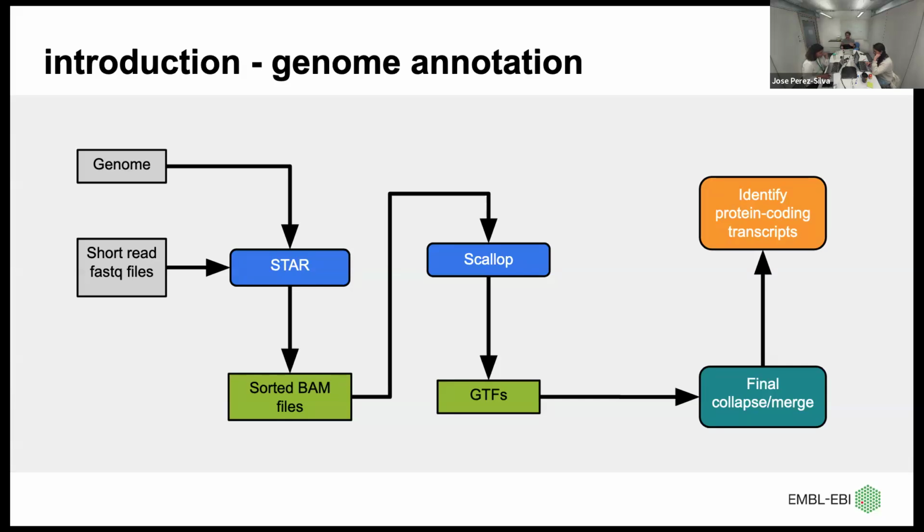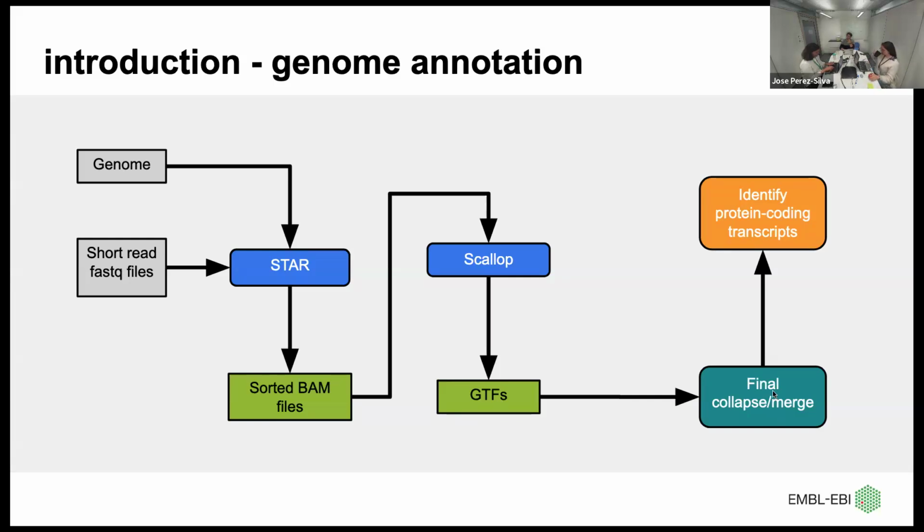The main point of it is that you can see the immediate result of a very quick analysis. In the Gitpod, I've provided a genome and some short reads. We'll run STAR on them, sort the BAM files, run Scallop, and get some GTFs.